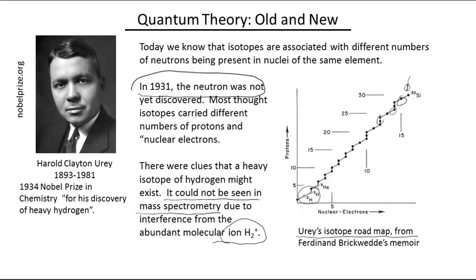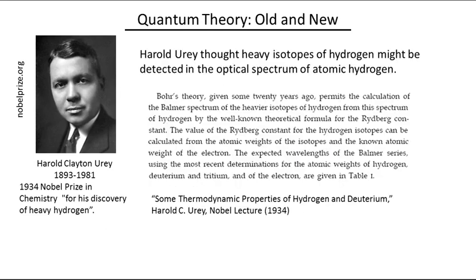In the case of hydrogen, there's a stable molecular ion, H2+, which has the mass of 2 units of proton mass that would be expected of the heavy isotope of hydrogen, and the same charge. So there's a lot of interference from the molecular signal. So there was no conclusive proof of the existence of heavy hydrogen.